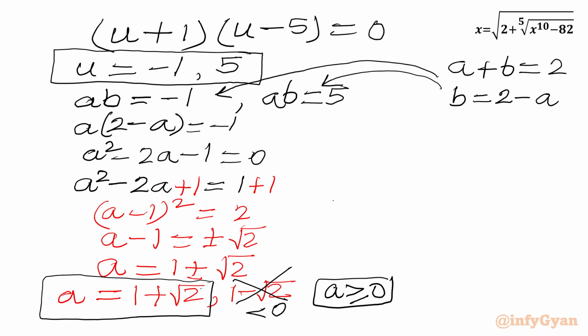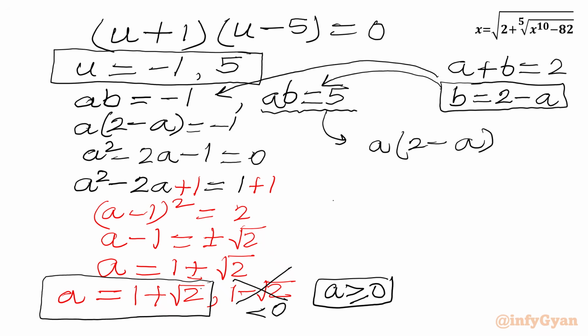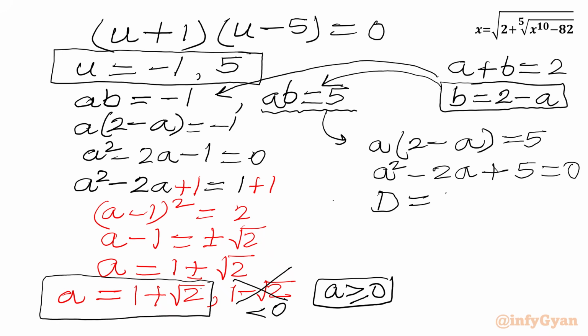Now we have the second equation, ab equal to 5. Using b equal to 2 minus a, we can write this equation as a times 2 minus a equal to 5. Or we'll get the quadratic a square minus 2a plus 5 equal to 0. We'll find the discriminant of the equation, D equal to b square minus 4ac.